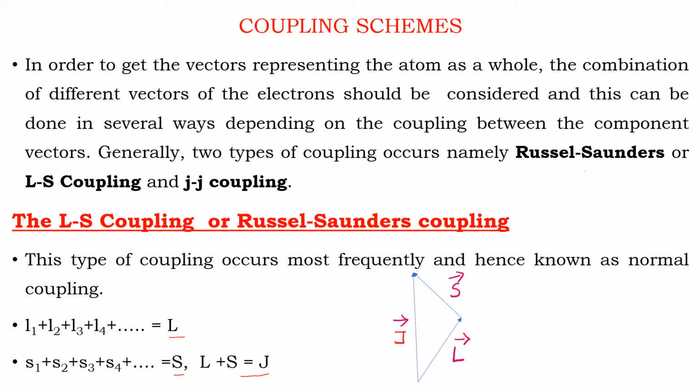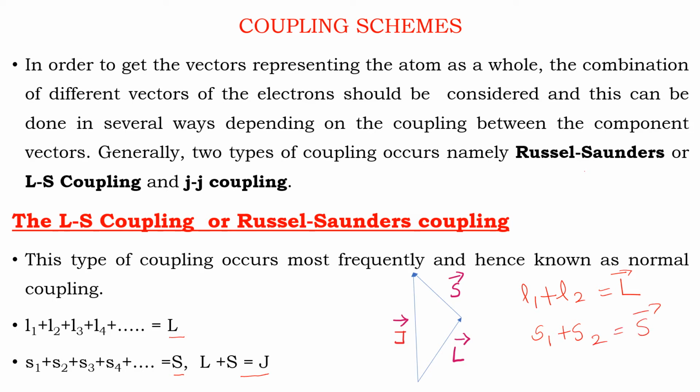For example, if an atom contains only 2 electrons, then we can represent the LS coupling as follows. The L vectors of these two electrons combine, that is L1 for the first electron, L2 for the second electron, and these two angular momentum L vectors combine together to form a resultant L vector, and the spin vectors of the two electrons will combine together to form a resultant S vector.